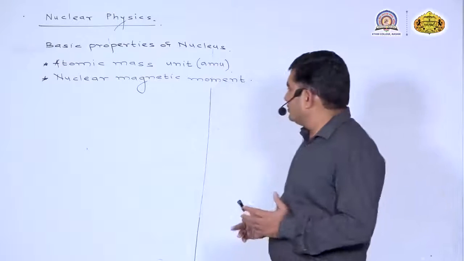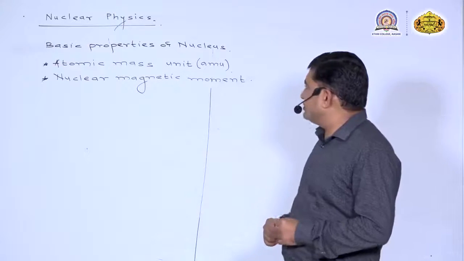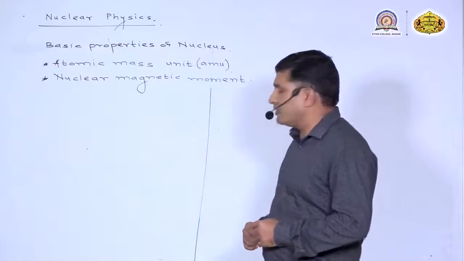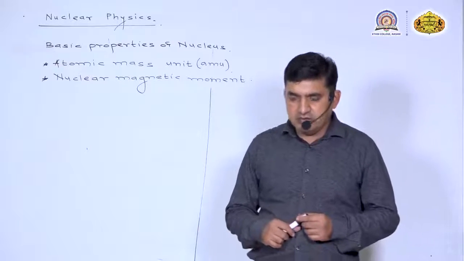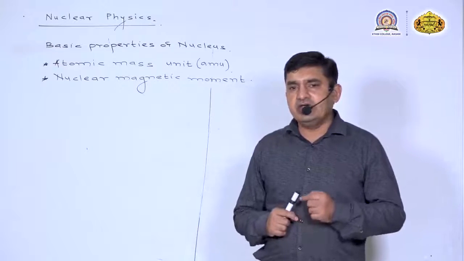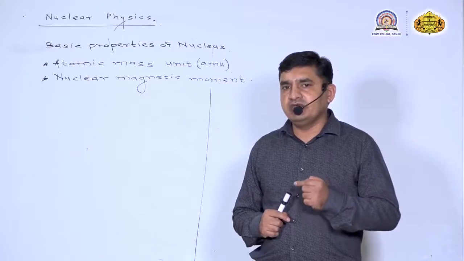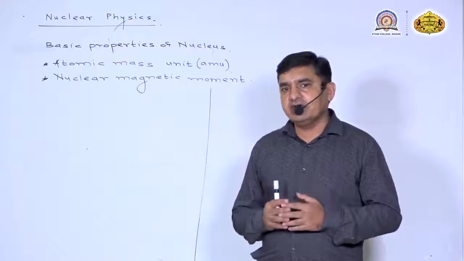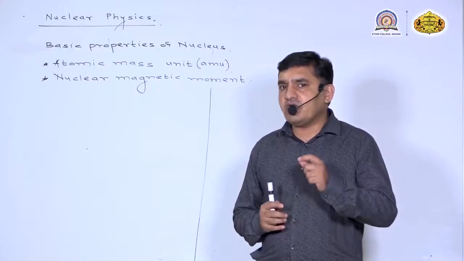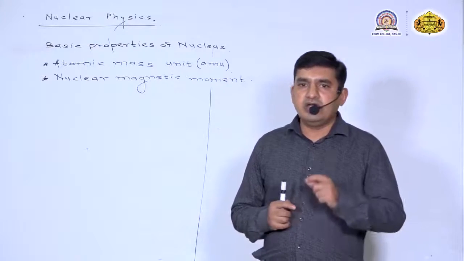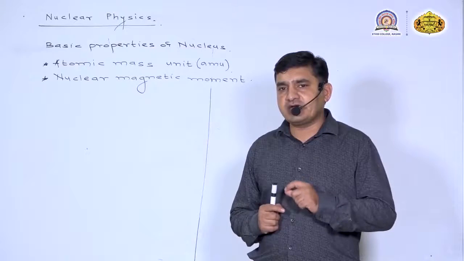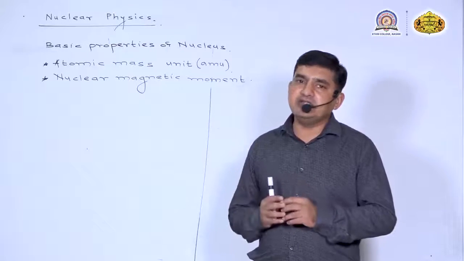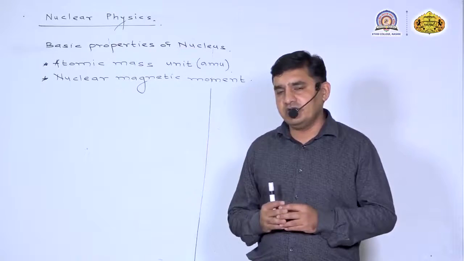Then the second basic property of a nucleus is nuclear magnetic moment. We know that the electrons are revolving around a nucleus in a circular orbit, and therefore it has orbital motion, and due to the orbital motion of an electron there is some magnetic moment, and that is the orbital magnetic moment.